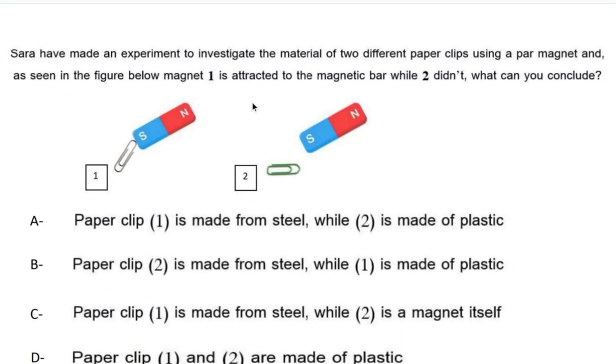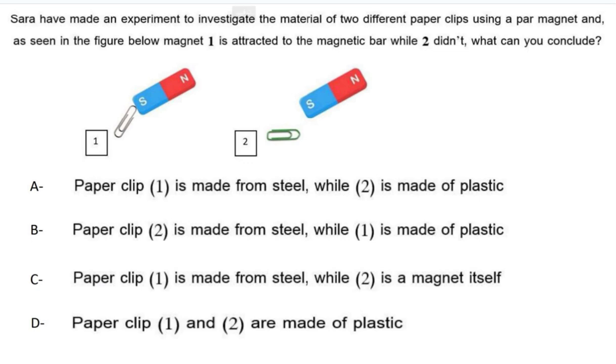Let's go down. Sada has made an experiment to investigate the material of 2 different paper clips using a bar magnet. And as seen in the figure below, paper clip 1 is attracted to the bar magnet, while 2 is not. What can you conclude?